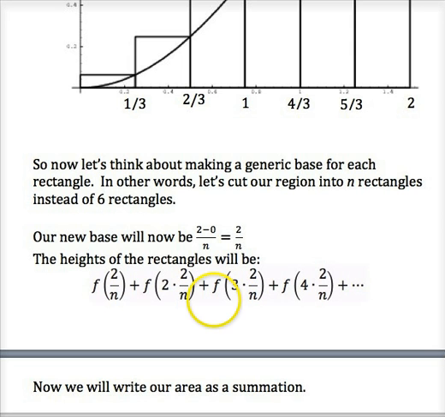So in case that's confusing, because it usually is, pretend these numbers up here now are going to be 2 over n, and then this would be 2 2 over n's, and this would be 3 2 over n's, and 4 2 over n's, and 5 2 over n's, so that we can write it this way so it's easy to put into a summation formula.